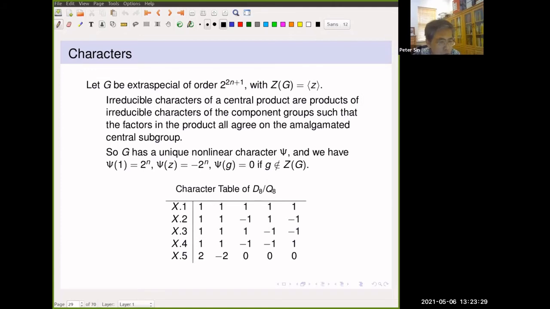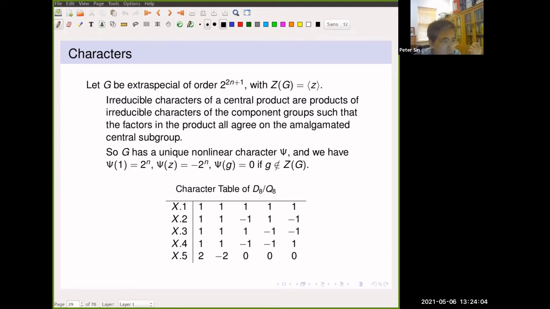So for an extra special group which is a central product of n of these D8 or Q8 groups, there will be just one nonlinear character. It will have degree 2 to the n, the value on the center will be -2 to the n, and the character will vanish off the center.